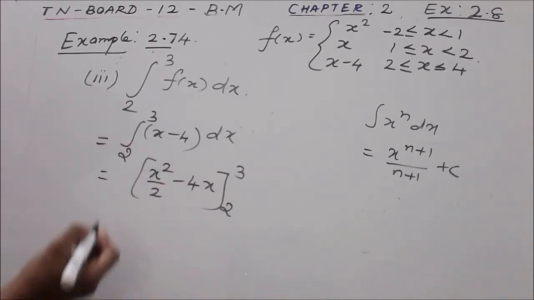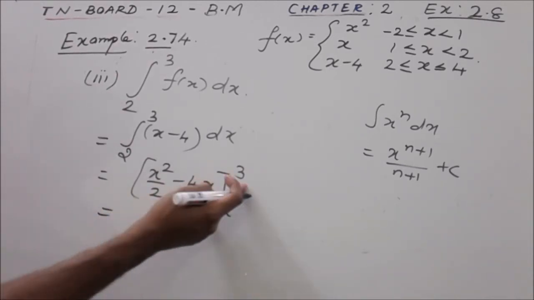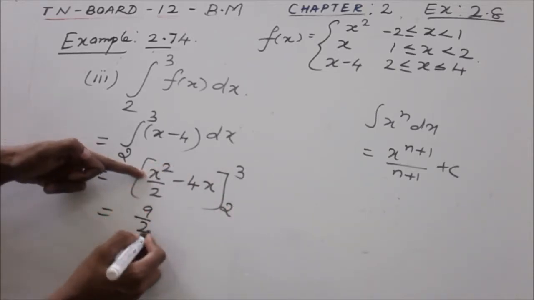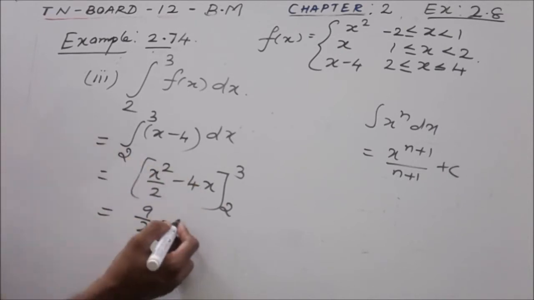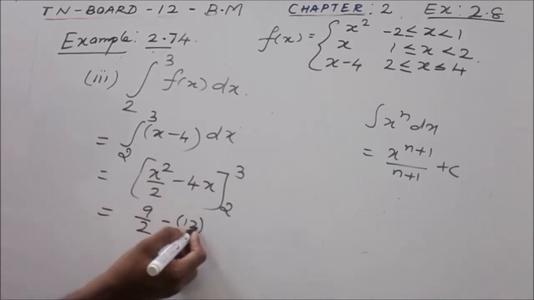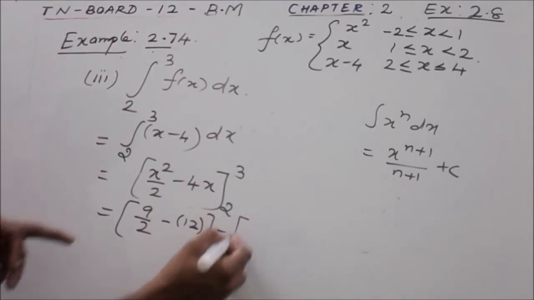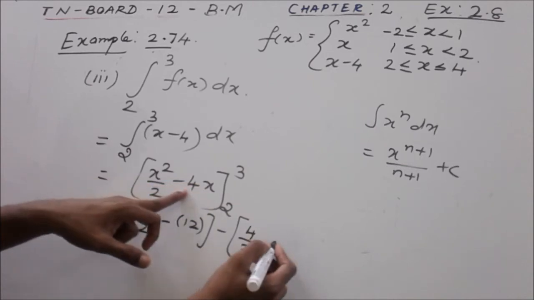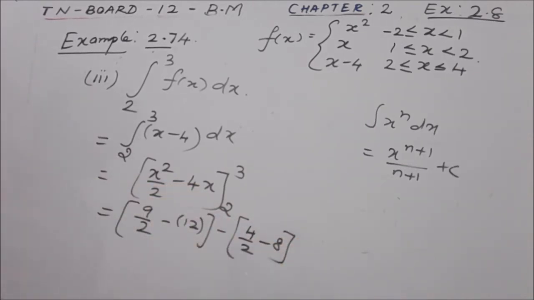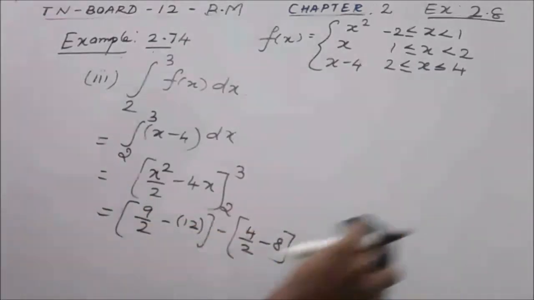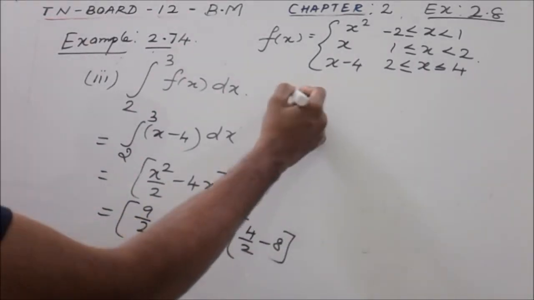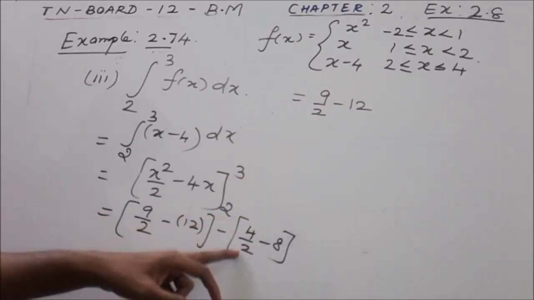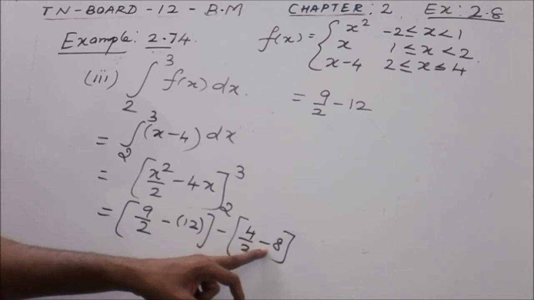Substituting upper and lower limit values, upper limit means substitute x is equal to 3: 3 square 9, 9 by 2 minus 4 into 3, 12, minus the lower limit value, substituting 2 here, 4 by 2 minus 4 into 2, 8, which is equal to 9 by 2 minus 12, and this 4 by 2 is 2, 2 minus 8 is minus 6.